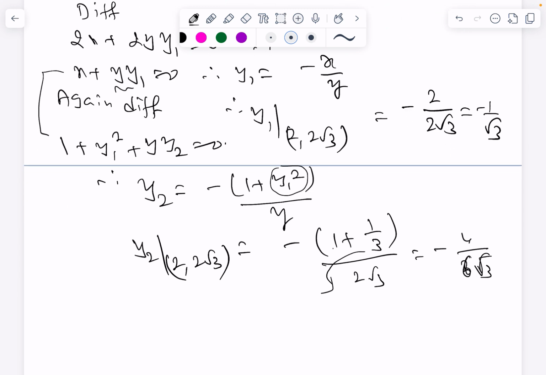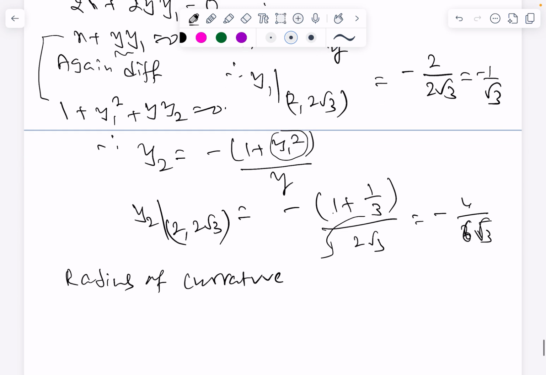Now, the radius of curvature. What is the formula? The formula is rho equal to 1 plus y1 square power 3 by 2 over modulus of y2.